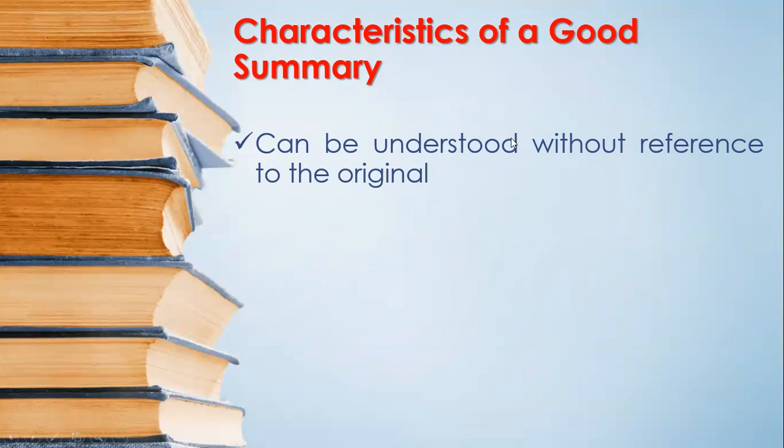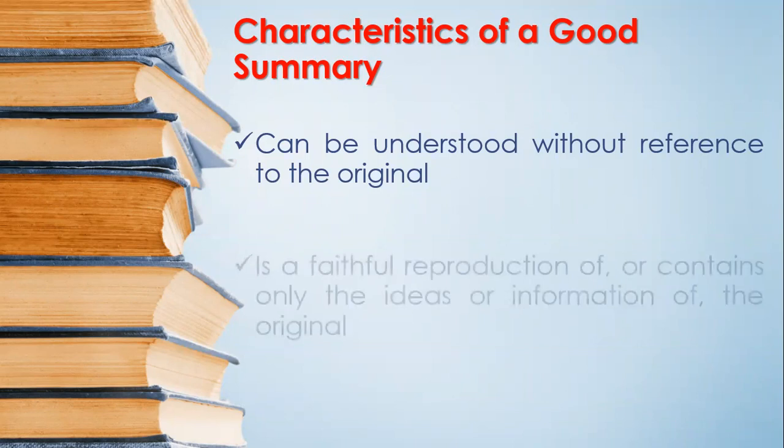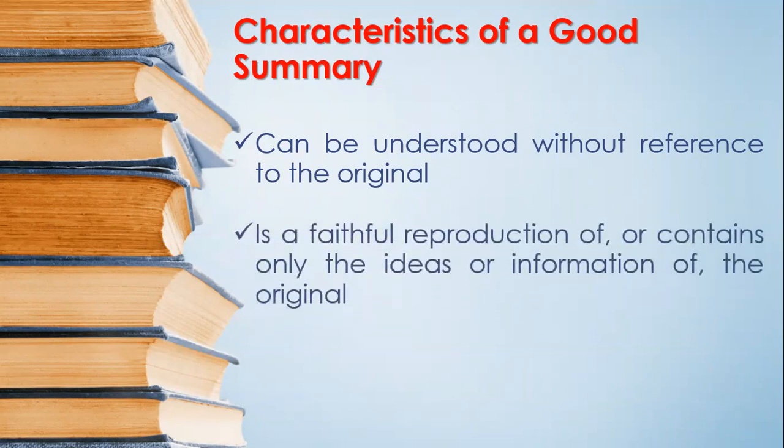So again, one of the characteristics of a good summary is that it can be understood without reference to the original. Next, a good summary is a faithful reproduction of, or contains only, the ideas or information of the original. Just like what I discussed earlier, when you are doing a summary, you are simply reporting back what the original writer has said in his original text. You are not adding your own judgment.